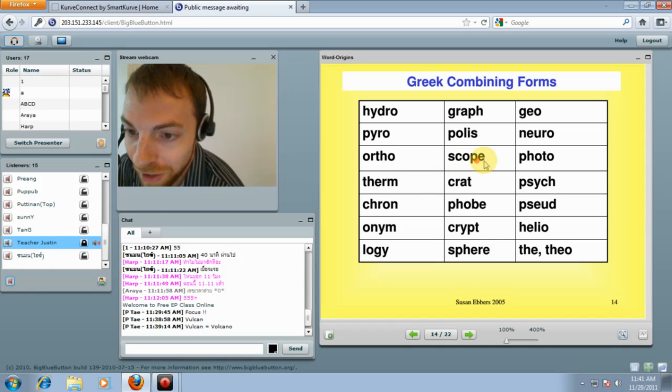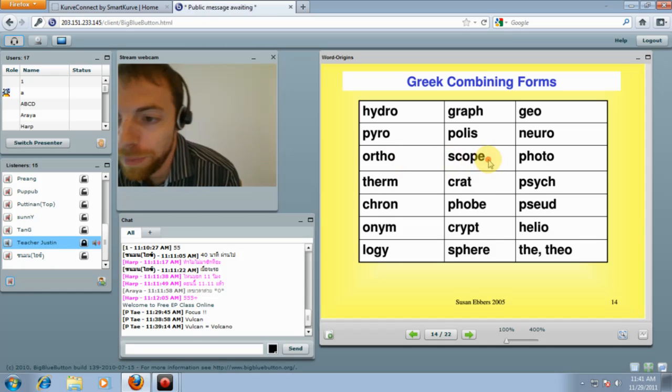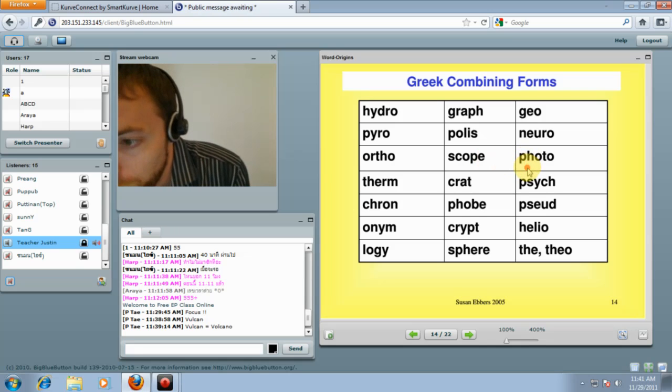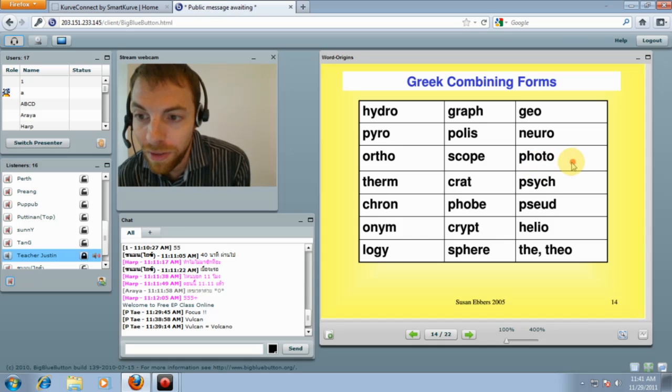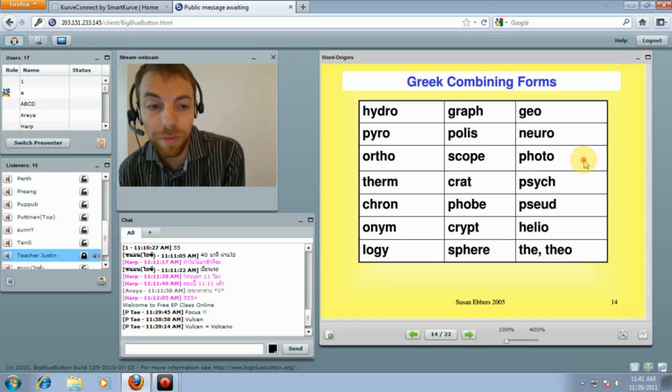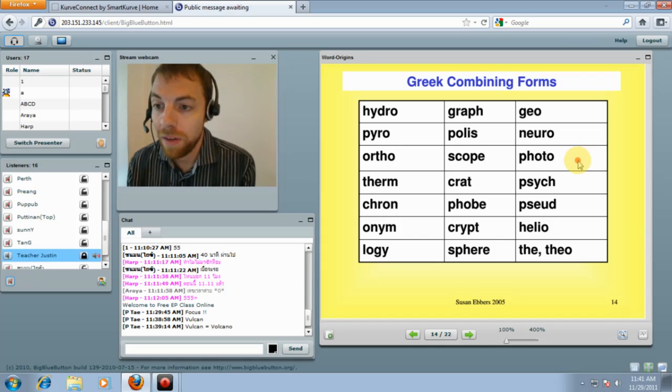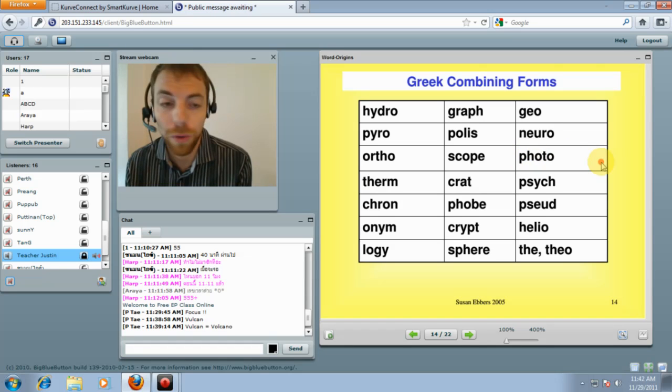Then we have scope, meaning vision. We also have photo, meaning light. So, for example, a photograph. Remember, PH is an F sound, so F-O-T-O you can see many times. But photograph is a picture taken with light.